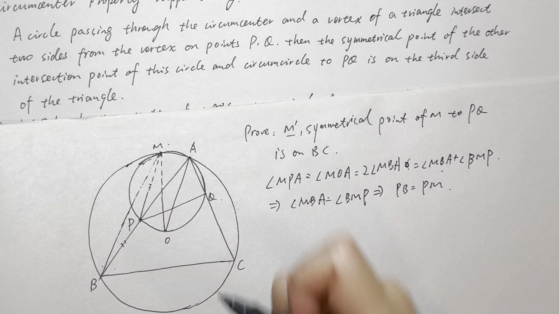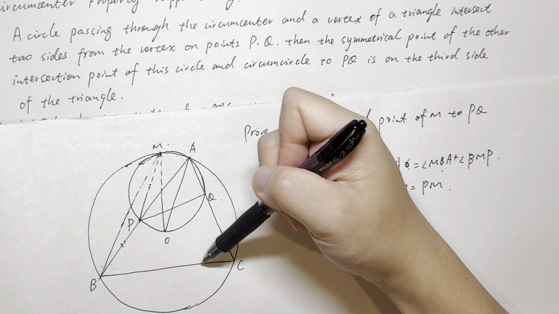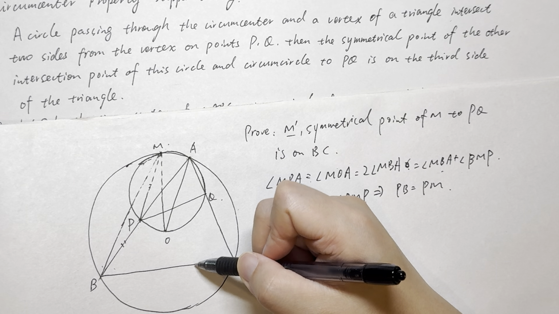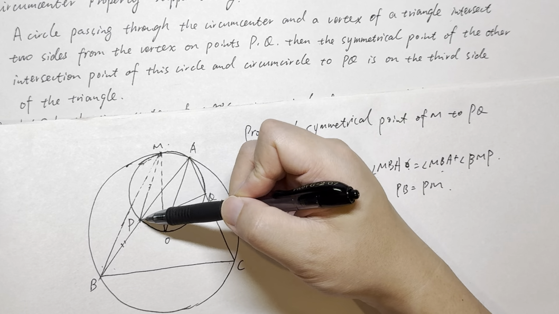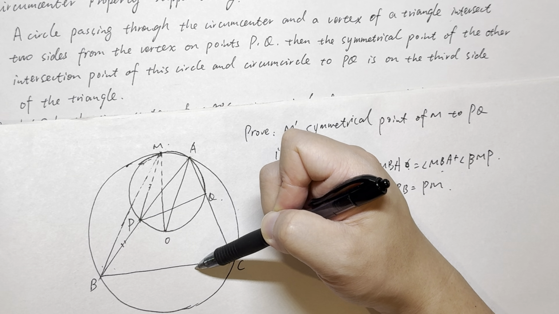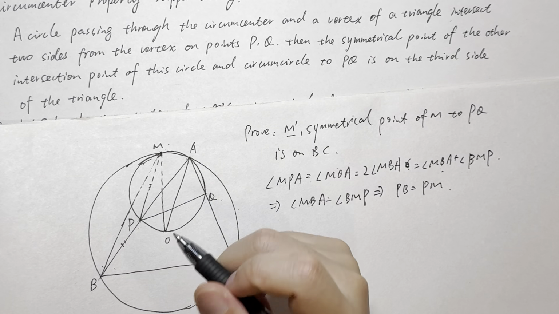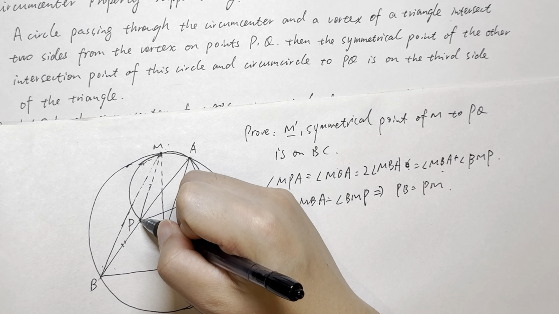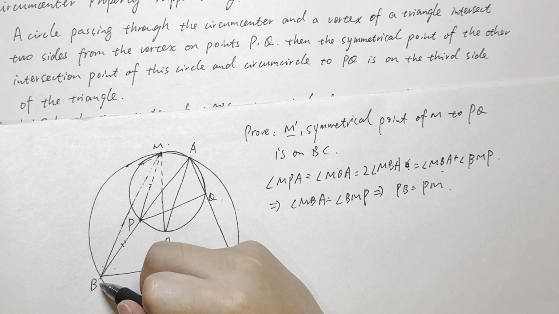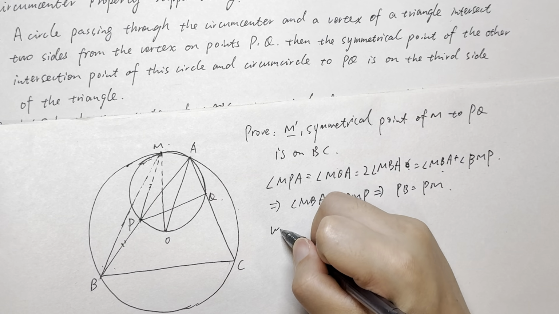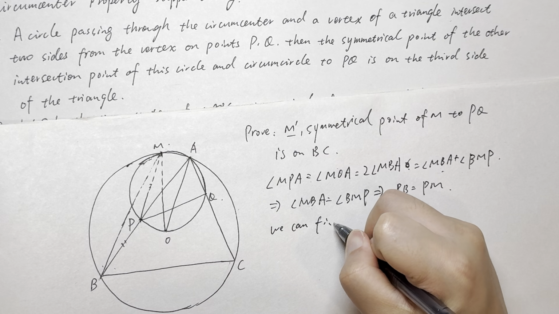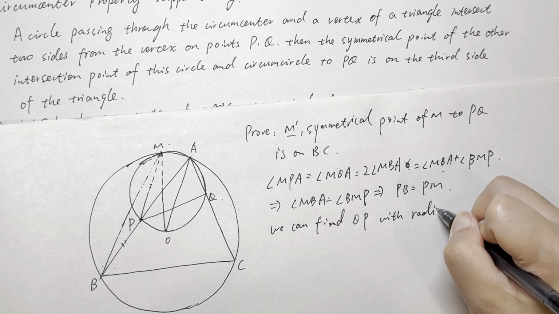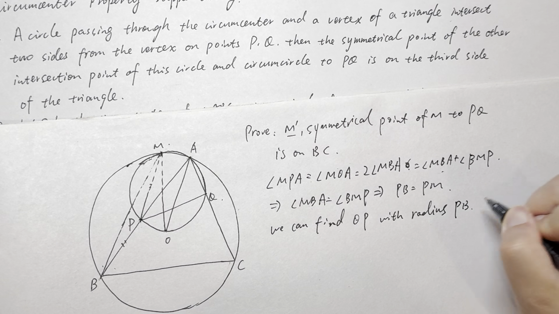Now we can think of that. We want to prove that the symmetrical point of M to PQ is on BC. So once we find that point, then we know that MP definitely equals PM prime, right? So let's draw this circle first that is centered at P with radius PB.